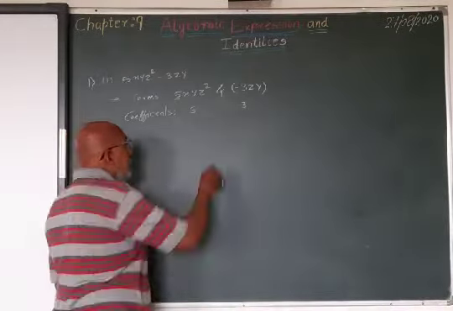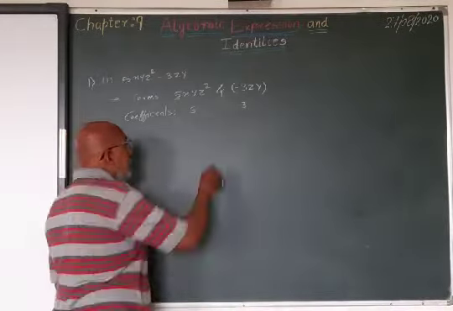One more example, say the fifth one. The given expression is x upon 2 plus y upon 2 minus xy. Now this is the given expression. Here how many terms are there? 1, 2 and 3.